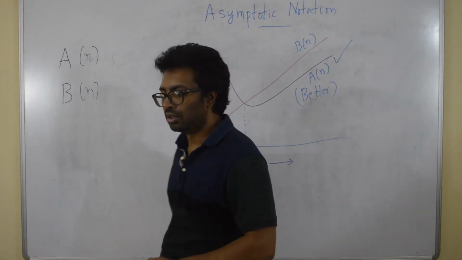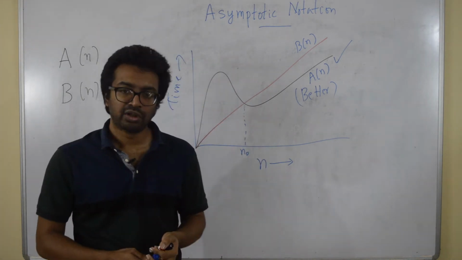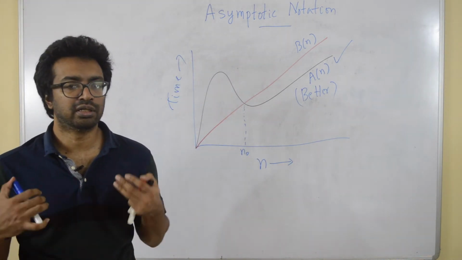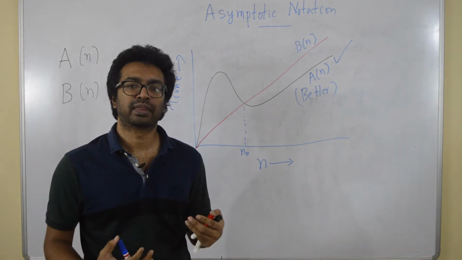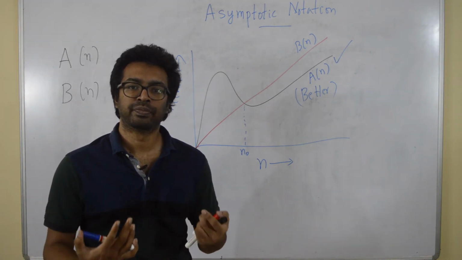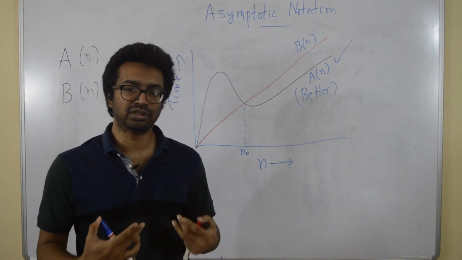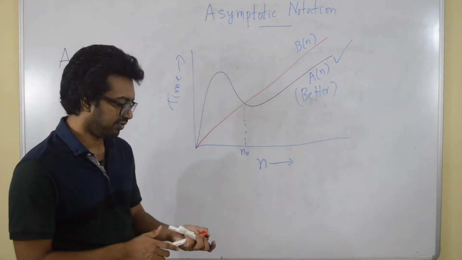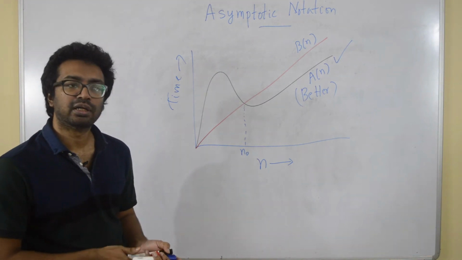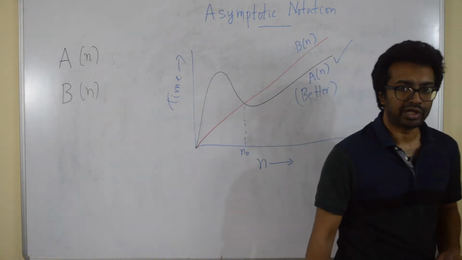So these are the two notions we have talked about, and the tool for our analysis should take these two notions into consideration. Notion number one is that we should be able to write that this algorithm is proportional to n square, where n is the input size.